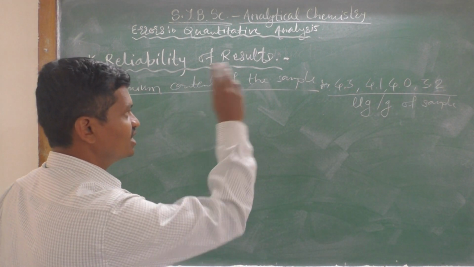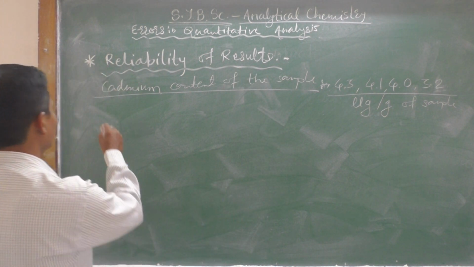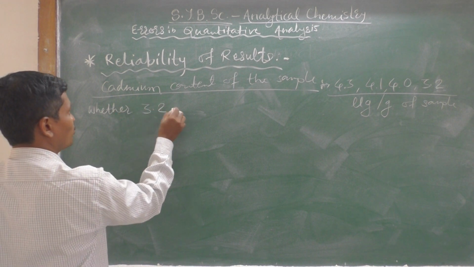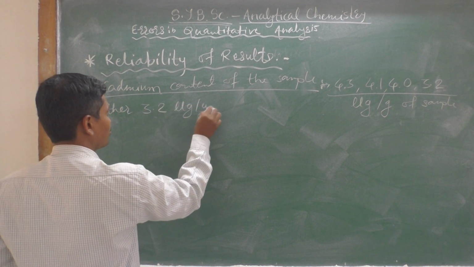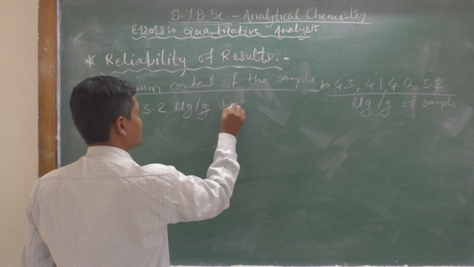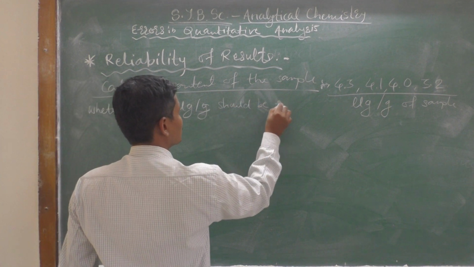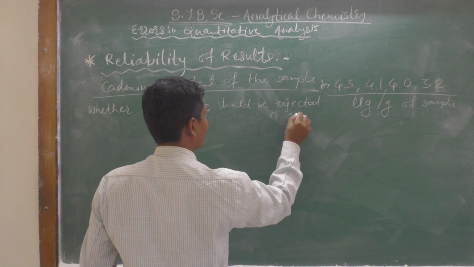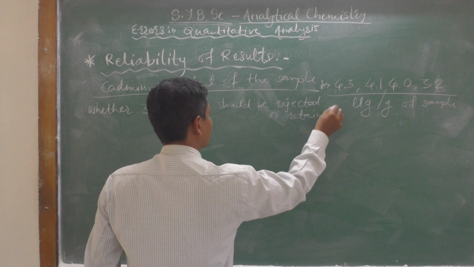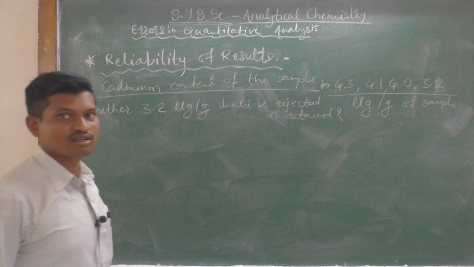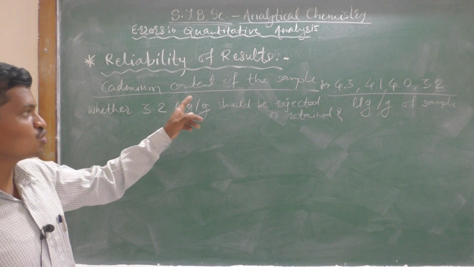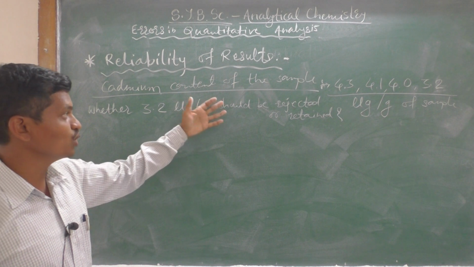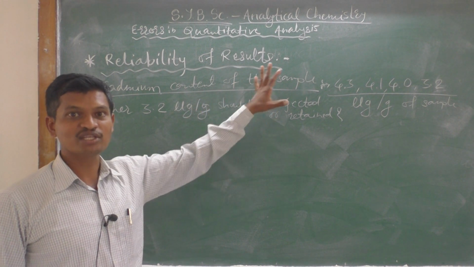Now in these 4 values, the question is whether the value 3.2 microgram per gram should be rejected or retained. Should we reject or retain this value obtained after analysis?